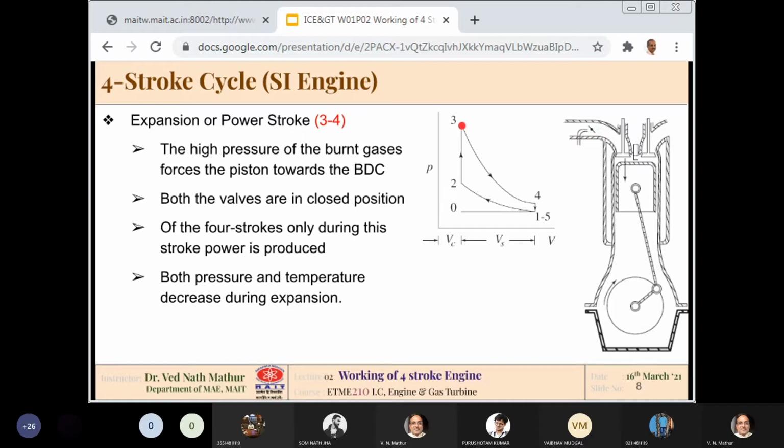You cannot say that exactly at point 3 the exhaust valve opens up and the charge starts moving out. It doesn't happen like this, because opening and closing of the valve needs some time. The valve has to move to create this space, so this movement needs some time. So you need to give some time for opening and closing of the valves.